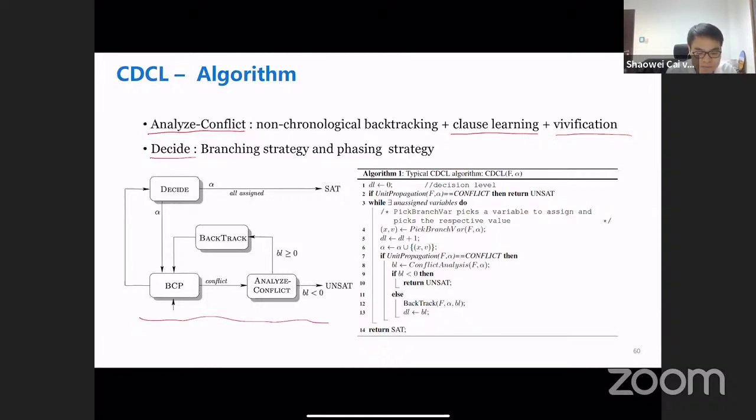In each level, we start by deciding on a new variable. After deciding a variable, if there are unit clauses, we do unit propagation, also known as BCP. After BCP stops, if it leads to a conflict, then we analyze the conflict and backtrack.